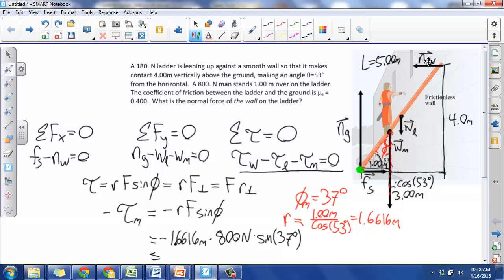If you multiply that all out, negative 1.6616 times 800 times sine of 37 degrees, you get negative 800 Newton meters. Huh. That's an interesting number.